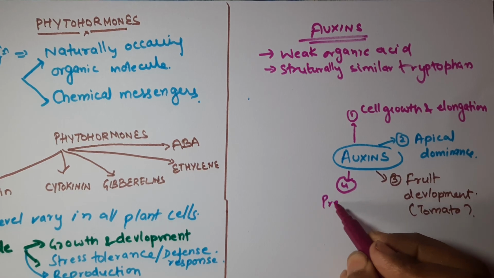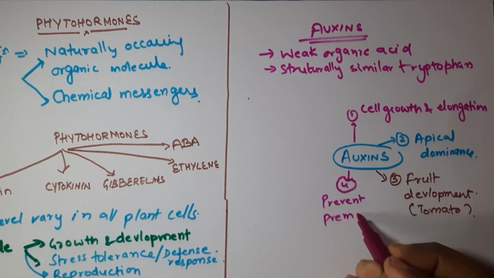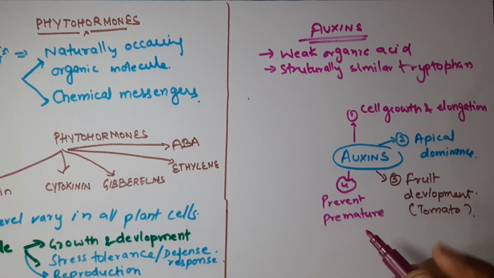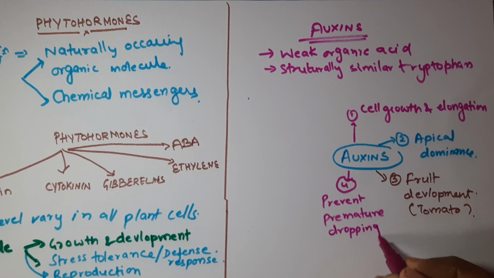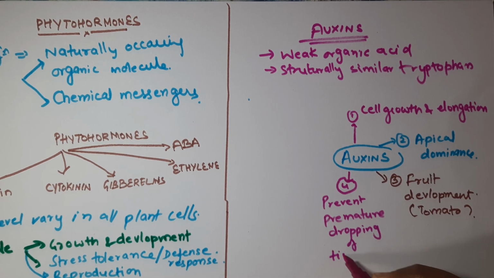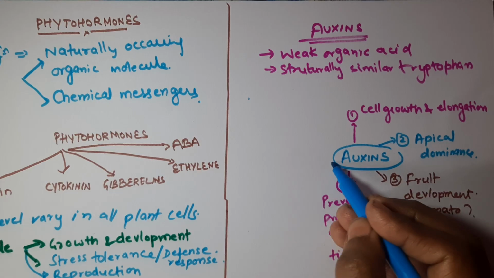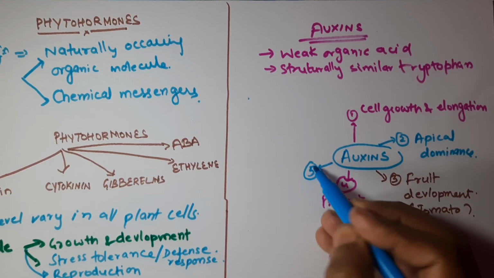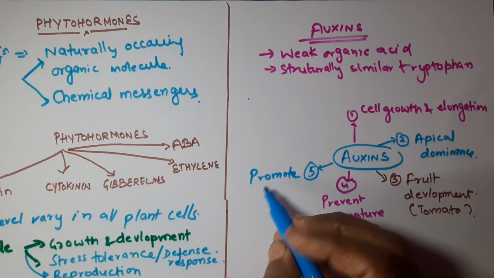So it prevents premature dropping of tissue. It can be any tissue, it can be leaf, it can be fruit. The fifth is that it promotes root formation.